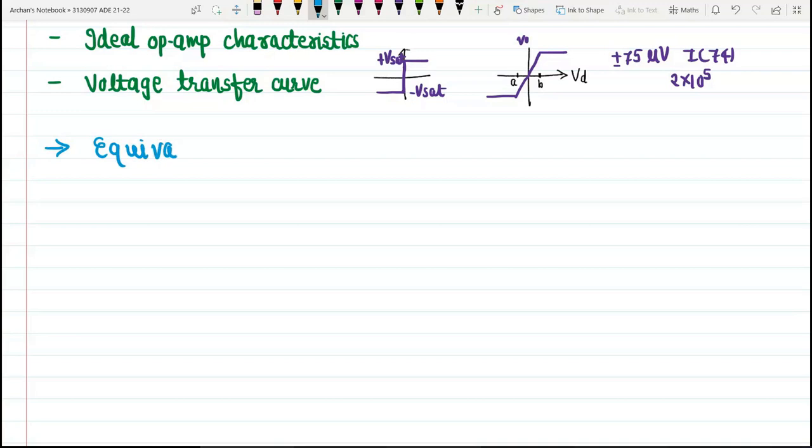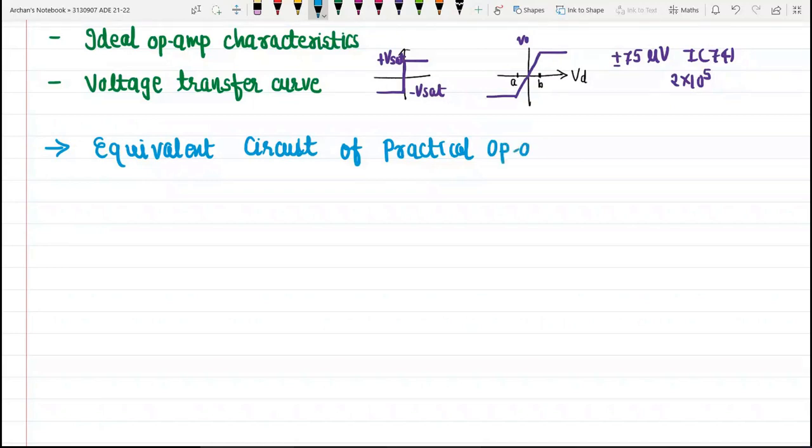Equivalent circuit of practical operational amplifier.